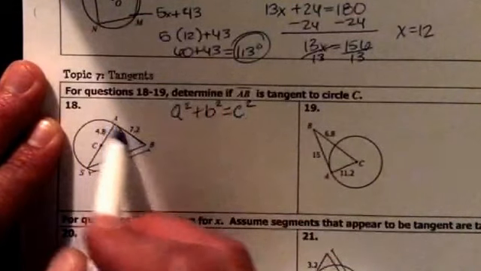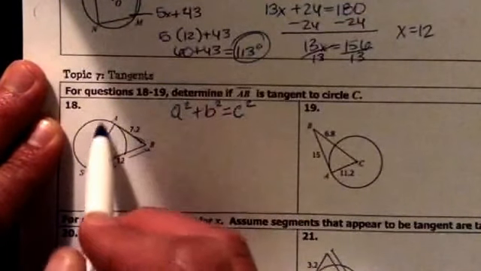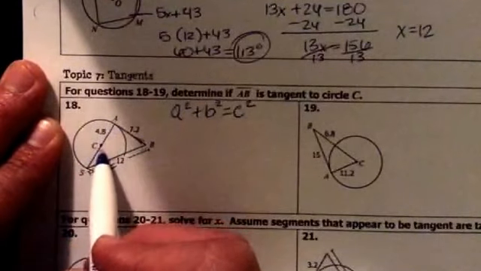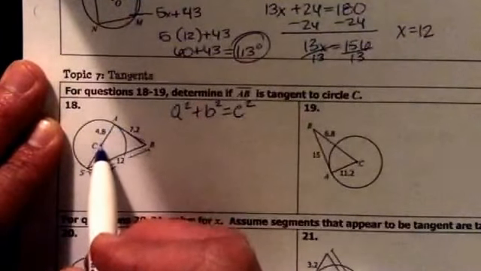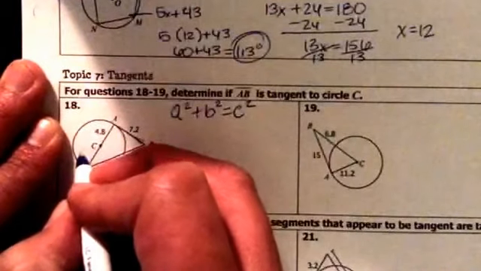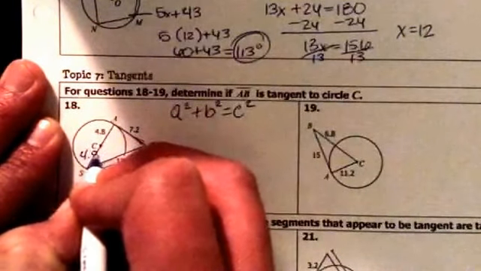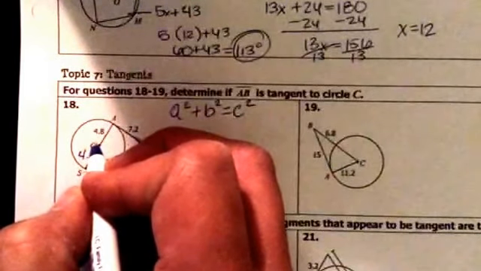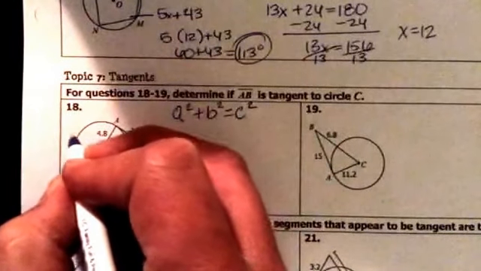What I'm given here is 7.2, 12, and my other side is from A to S. It's not the entire thing. A to C is only 1/2 of it. If A to C is 4.8, C to S is also 4.8. My entire length of the side is 4.8 plus 4.8, which gives us 9.6.